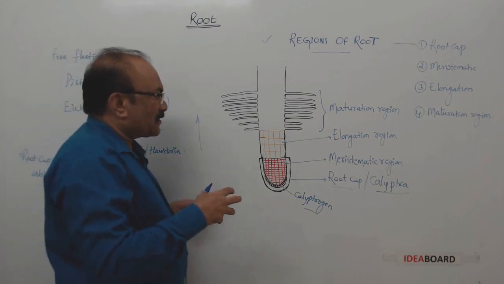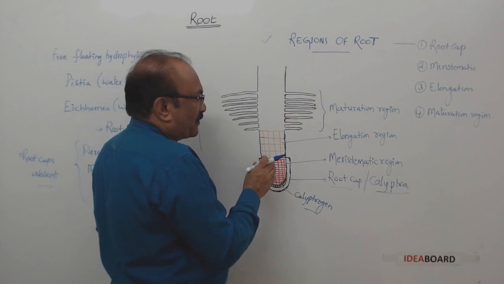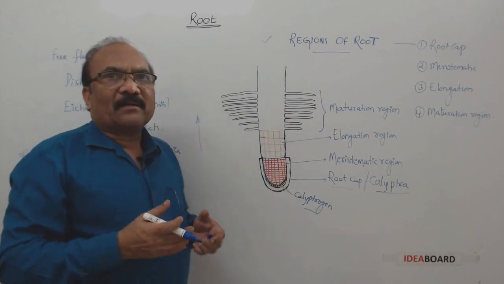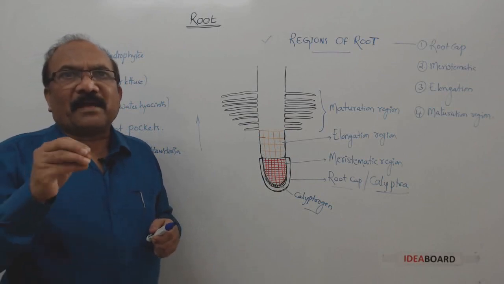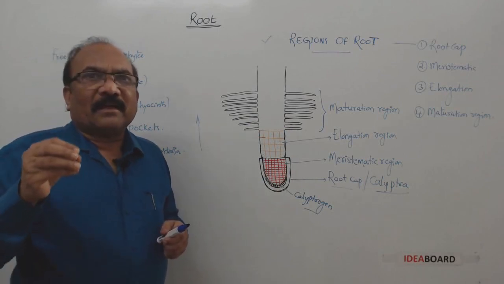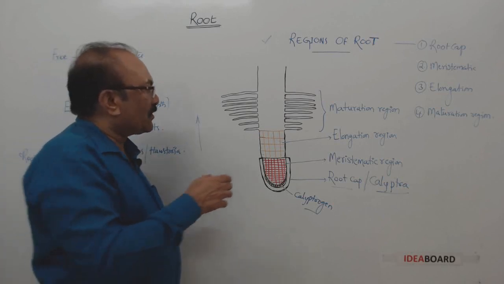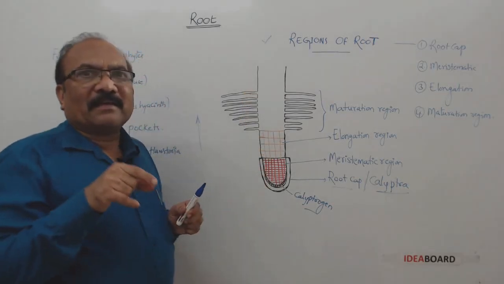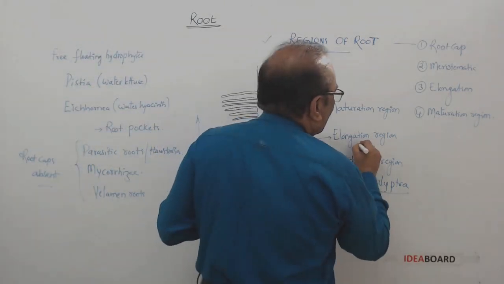And as these cells are pushed upwards, they will expand or enlarge in size, as a result of which the length of the root will increase in this region, and that's why this region is called the elongation region.